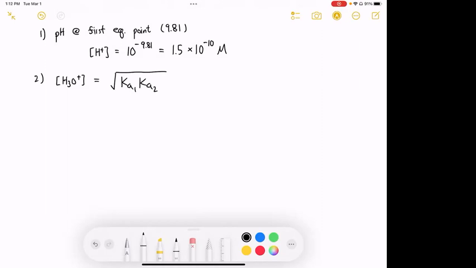All right, so now we use our equivalence point here.